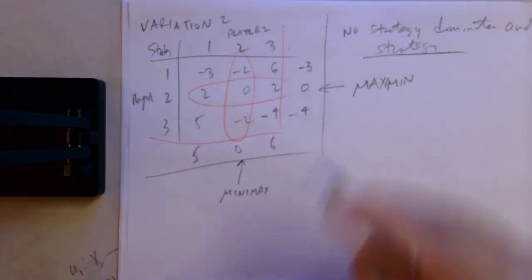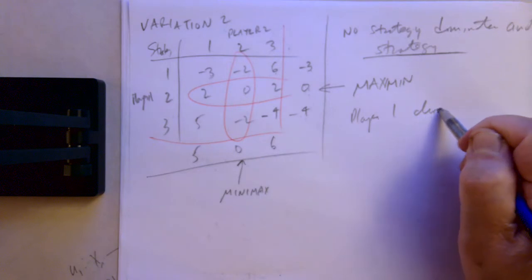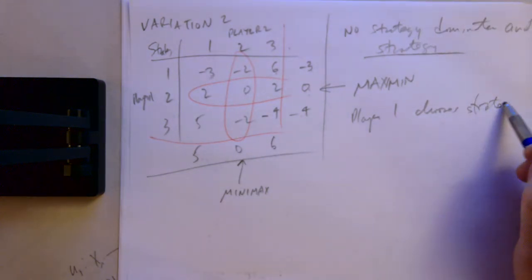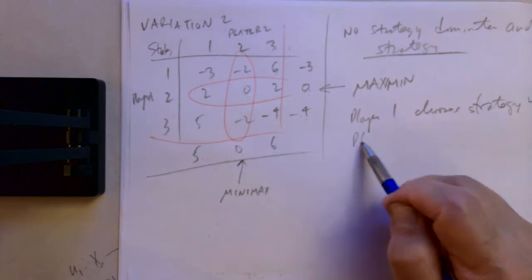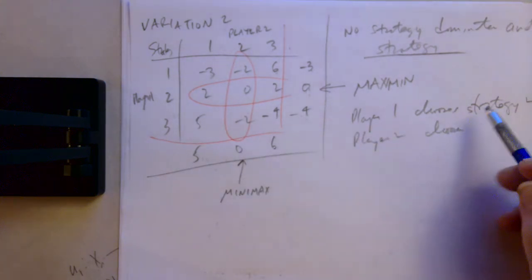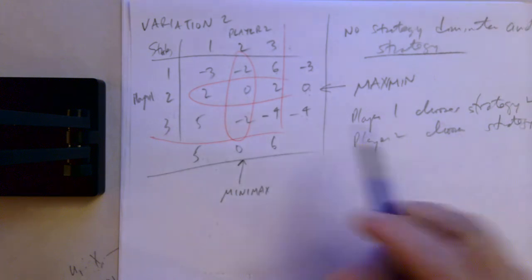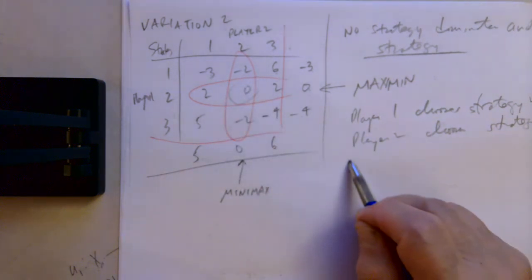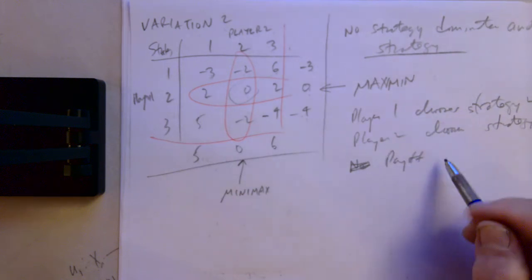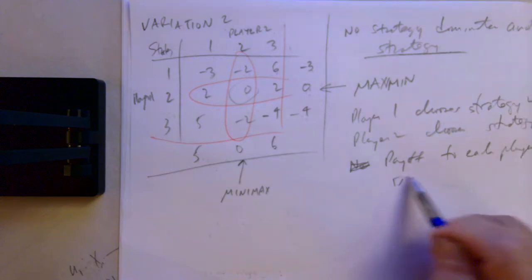So with this analysis, player 1 chooses strategy 2. Player 2 chooses strategy 2. And the net result, or the payoff to each player, is 0.